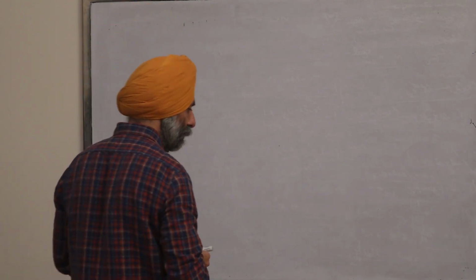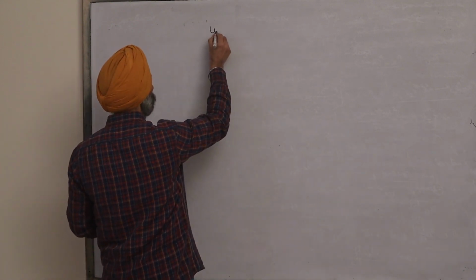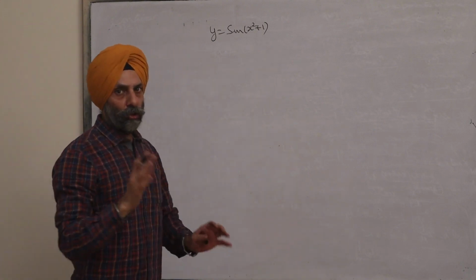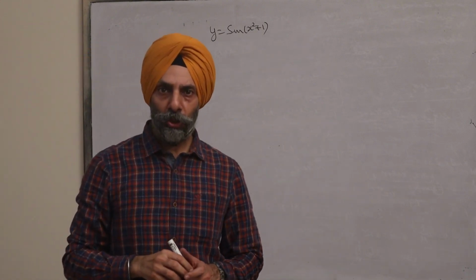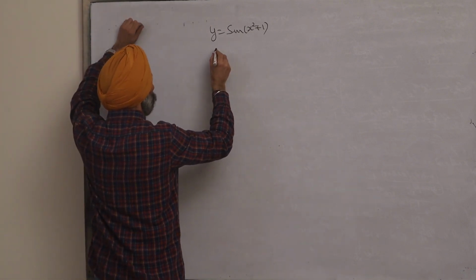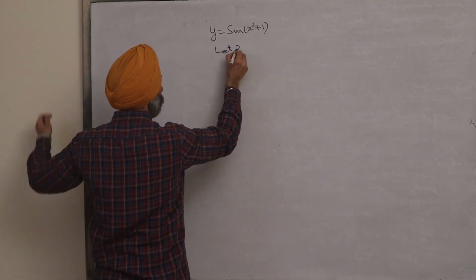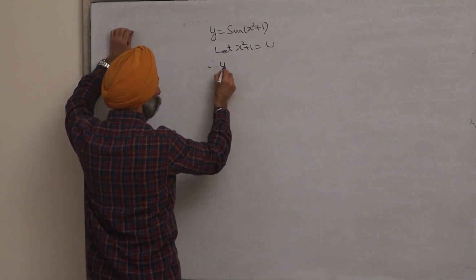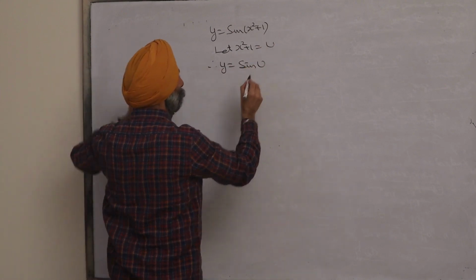So how to differentiate using chain rule. The first one is, let's say y is equal to sine of (x square plus 1). So we have to differentiate this function using chain rule. Now let x square plus 1 be equal to u. Therefore y becomes sine of u.